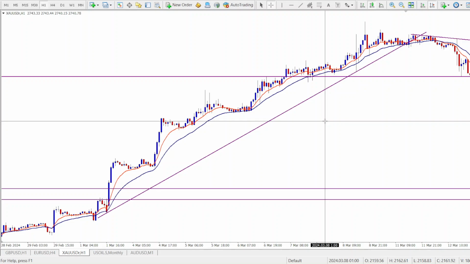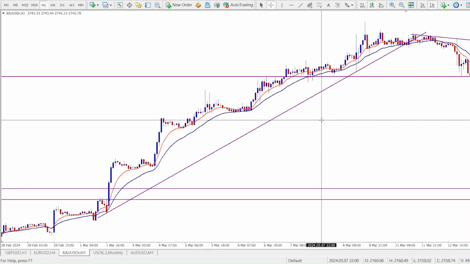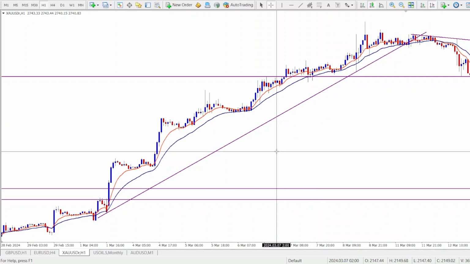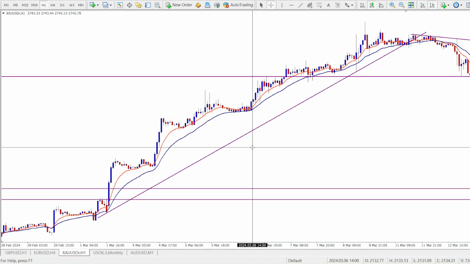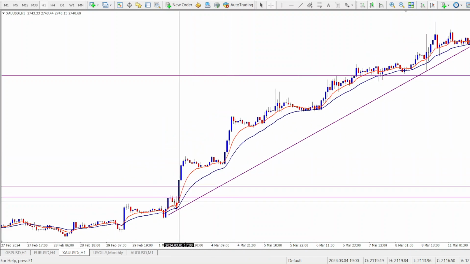Those are two effective exit methods. Okay, all right. So basically, that is it for this strategy. The strategy is very, very easy to use.